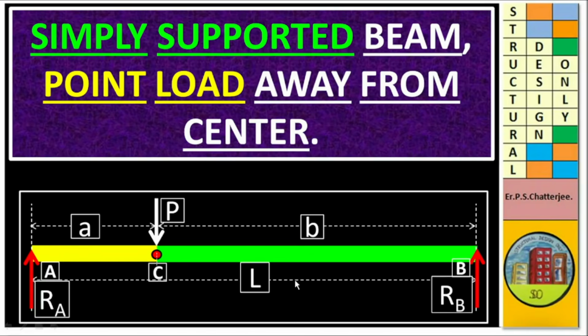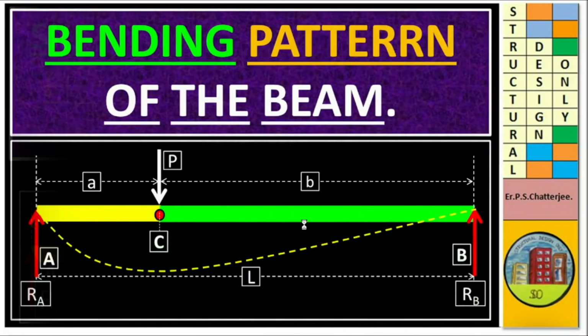Total length L, and length from the left hand support to load is A and load to right hand support is B. Bending pattern of the beam will be like this curve. At P, the deflection will be maximum.